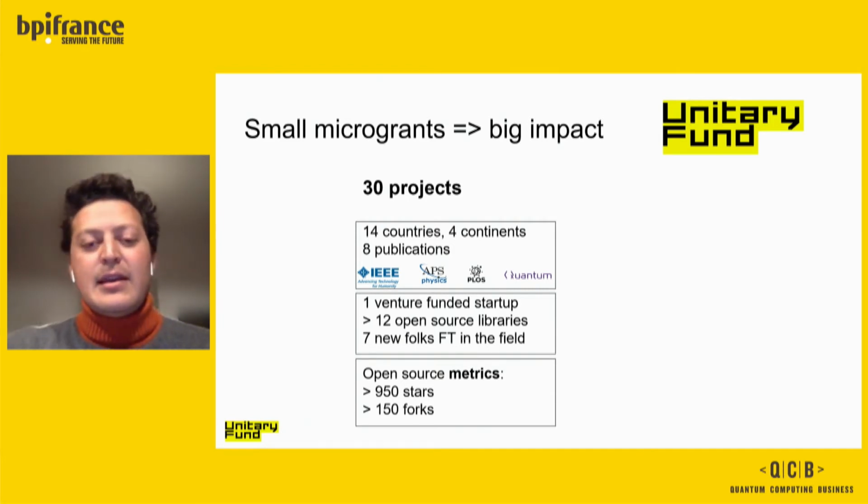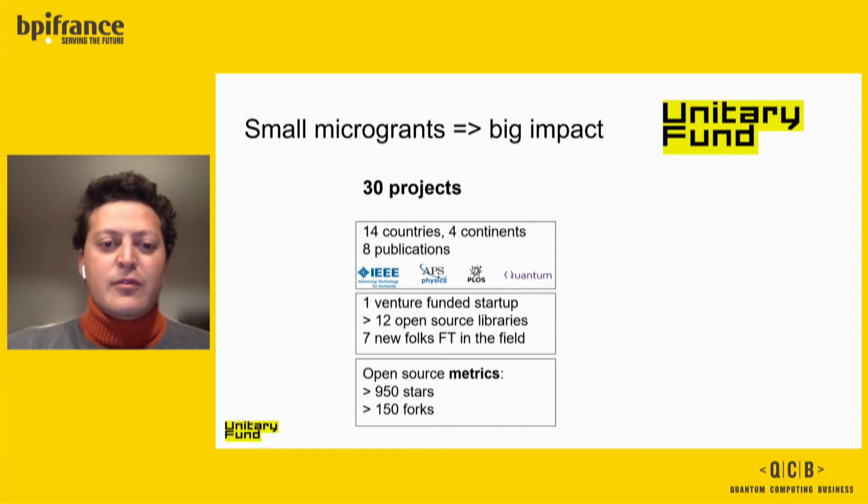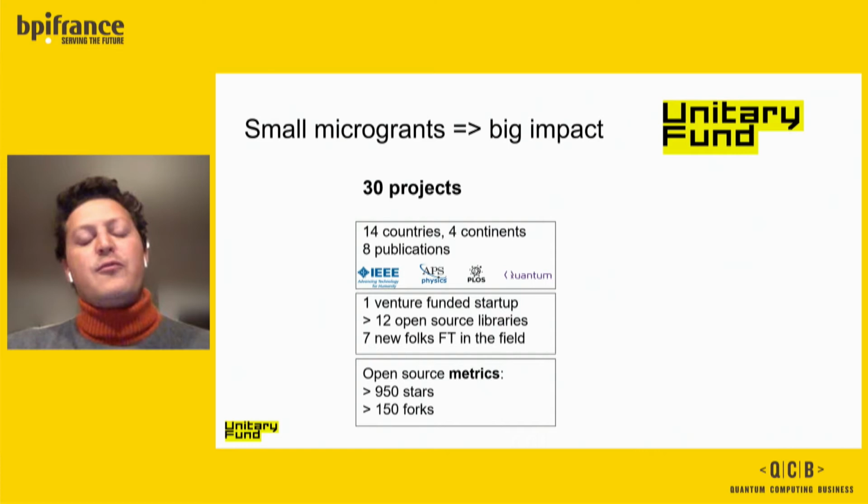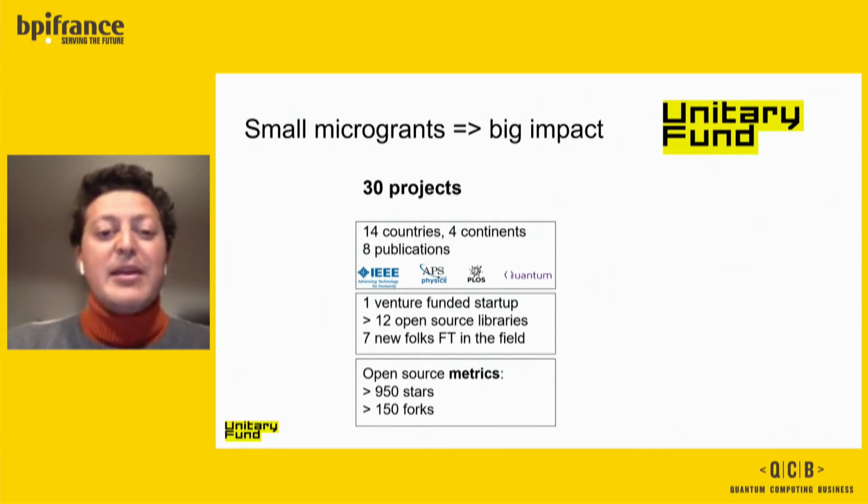So far, in a little bit less than 2 years, 30 projects have been given out to folks from 14 countries, 4 continents. Publications are in top-tier journals, but it's not only that.